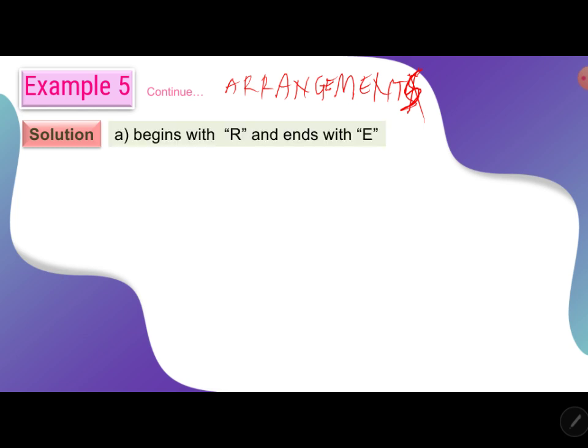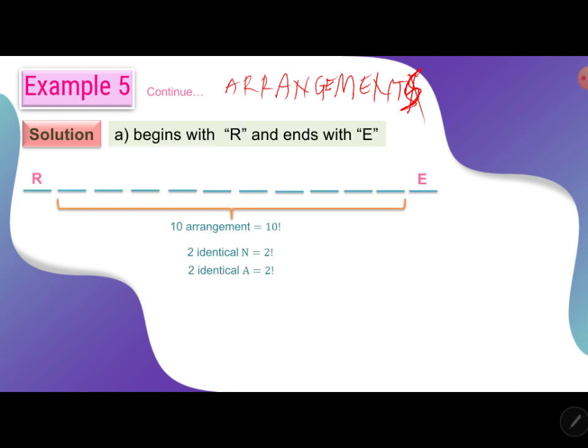And then it must start with R and end with E, so we have to put R and E at the ends. If we choose R here, it means that we have another R. We permutate in between the R and E letters. But because we only have one R left, it's not identical. So what are the identical?